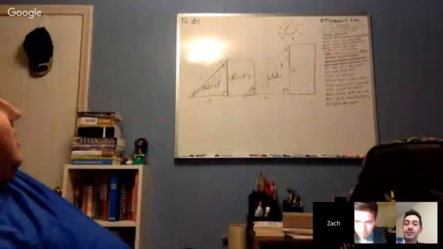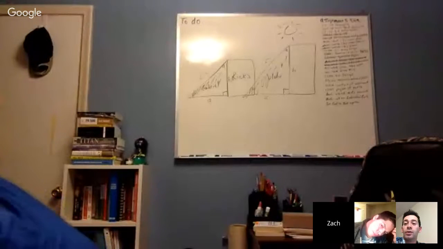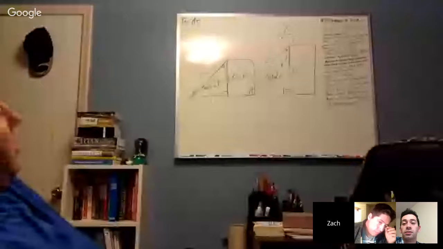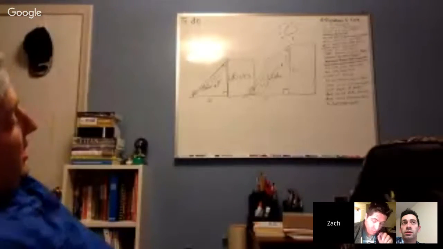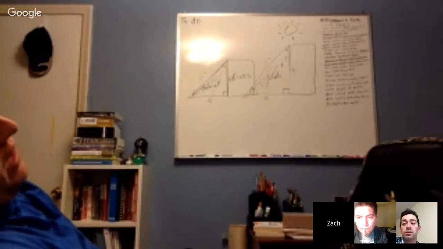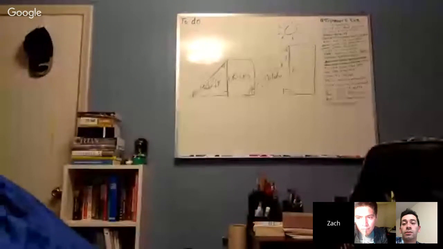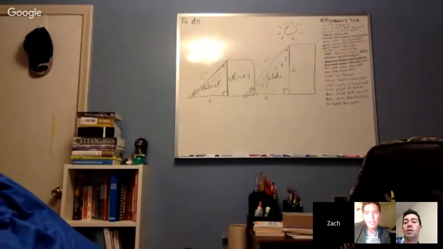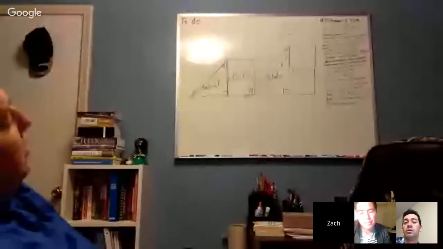So in my mind, looking at that, what needs to happen is you need to know the alpha and the beta. Well, you technically don't need both. You just need the alpha or the beta of one of the triangles, and then a side.